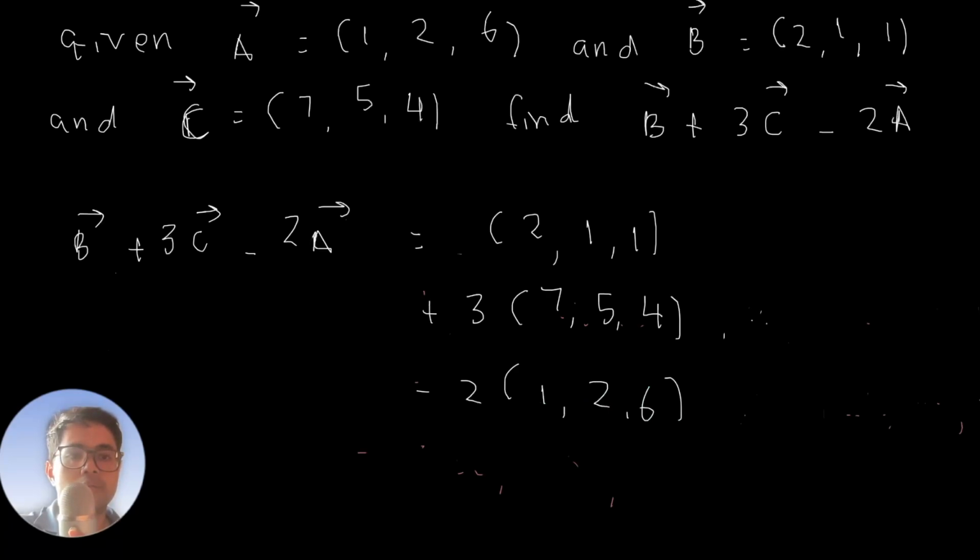And we can solve the second and third term: 21, 15, 12, and negative 2, negative 4, negative 12.